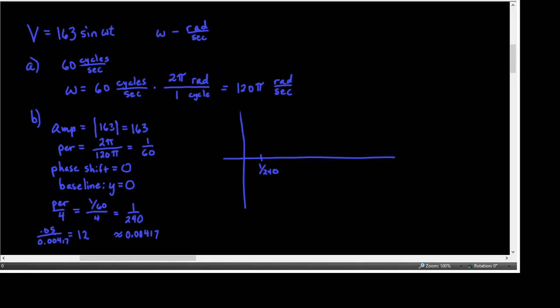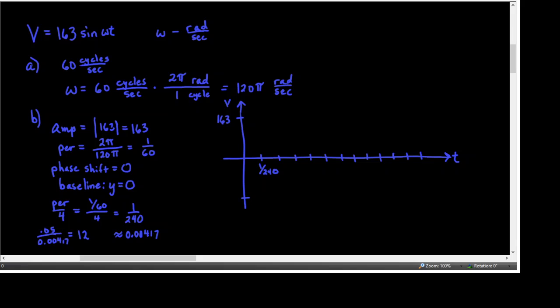So hope I have enough room. 1, 2, 3, 4, 5, 6, 7, 8, 9, 10, 11, 12 marks. Should do it. Now this is actually the t-axis, not the x-axis. And in reality, this is the v-axis. And since the amplitude's 163, I can just declare that this is where 163 is. And of course, negative 163, its opposite, is down here.